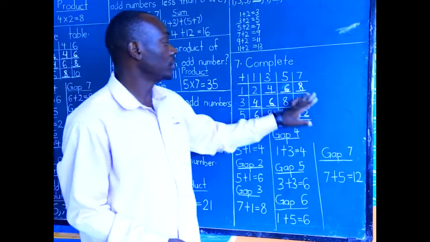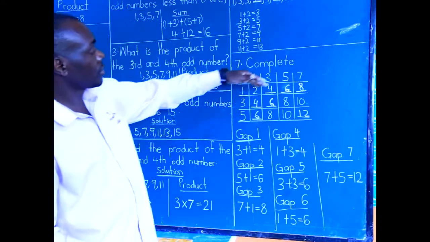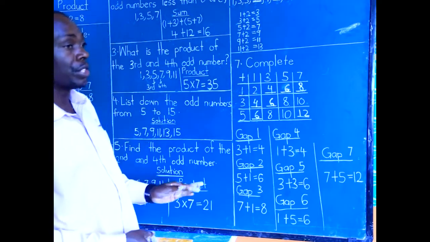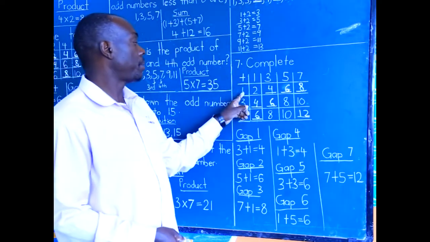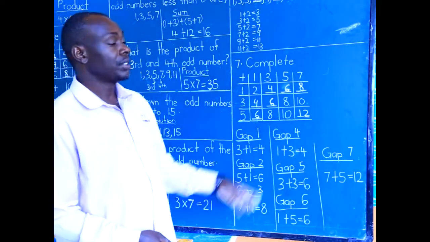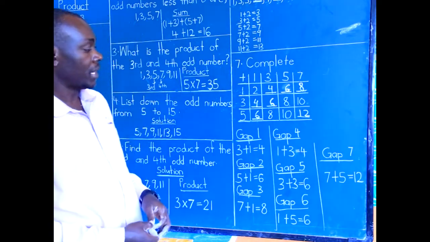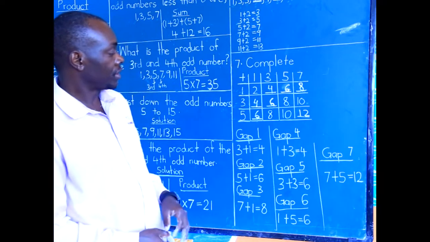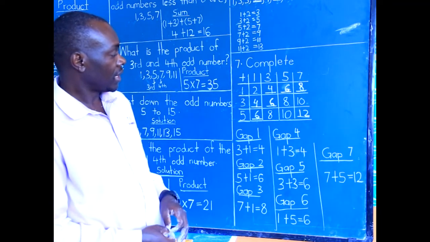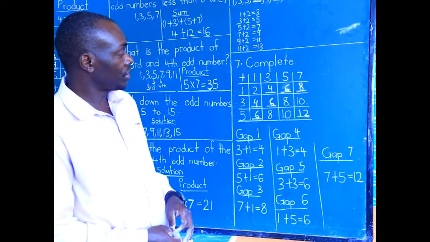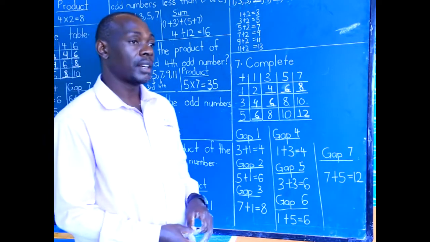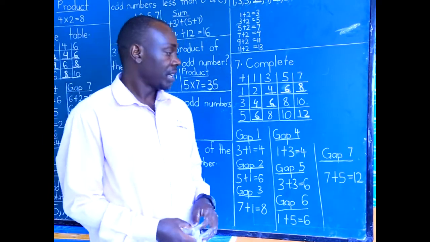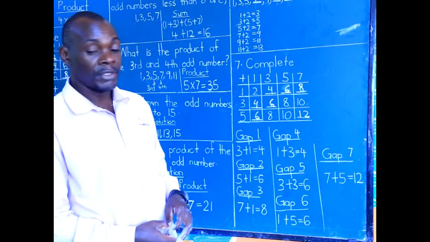They are all even numbers, whereas those who have been adding have been odd numbers. So an odd number plus another odd number, you get an even number. In this table, you will see it properly, and properly will be displayed that an odd number plus another odd number, you get an even number.